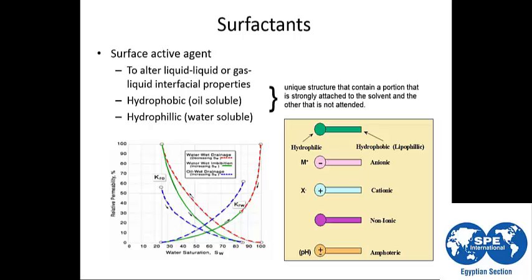However, even after using the breaker, we are still facing problems in recovering the fracture fluid, because, as we said, the fracture fluid is damaging. So in order to increase the chance to recover this frac fluid from the formation, we are using the surfactant.